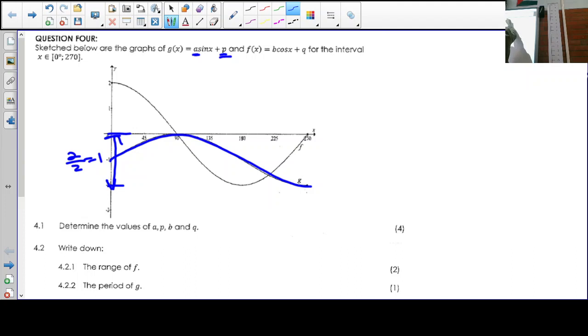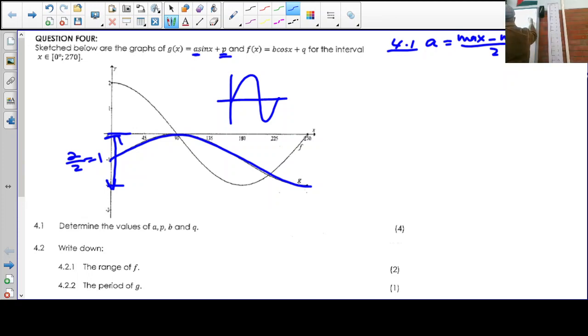So I'm solving A already. So it's 4.1. So A is going to be your maximum minus your minimum over 2. That's how we work out your A value normally. And since it's a sine graph, the sine graph normally goes up then down. Is that the case here? Yes. So this has to be positive.